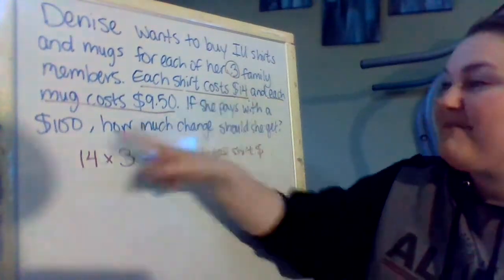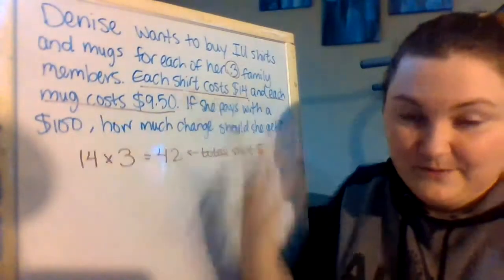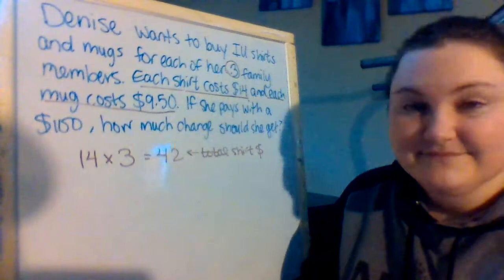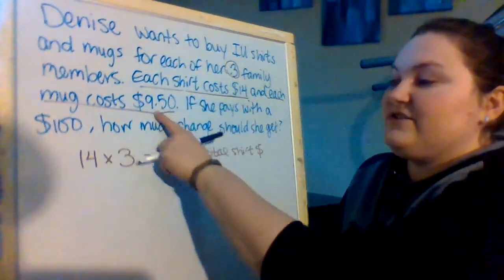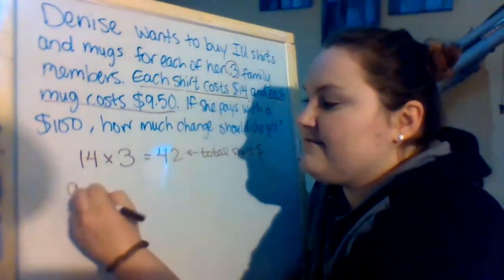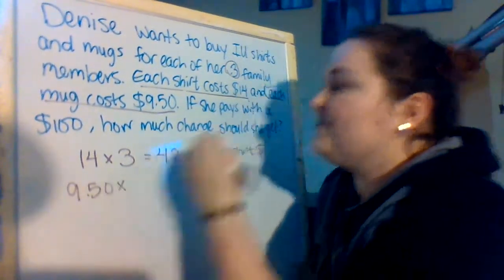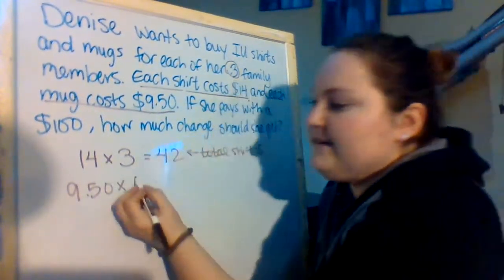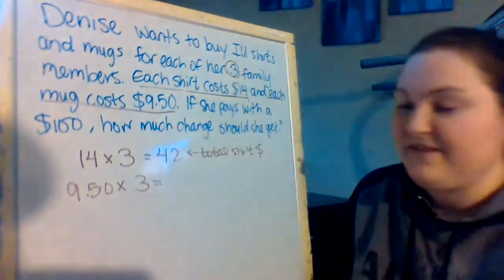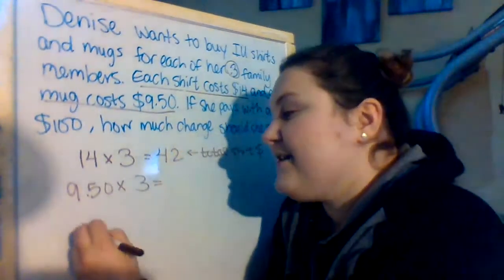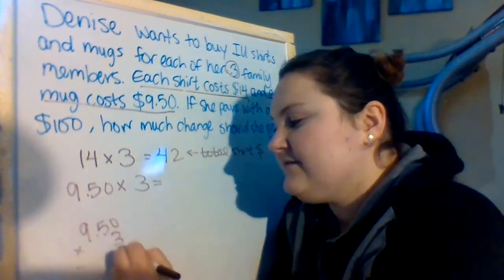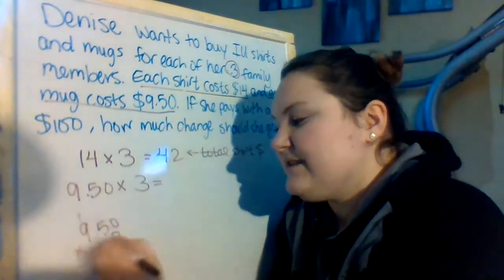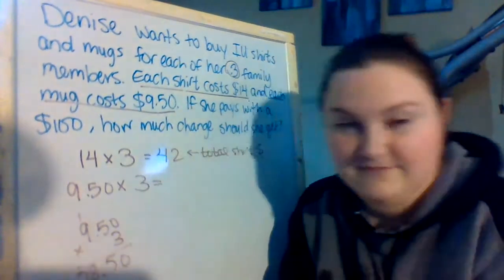She's also buying mugs. What would we have to do to find out how much money she's spending on the mugs? Well, same idea. She's spending $9.50 on each mug, and she's also buying 3 mugs. So we would want to do $9.50 times 3. Again, you would want to do your multiplication. 15, 27, and we get $28.50.